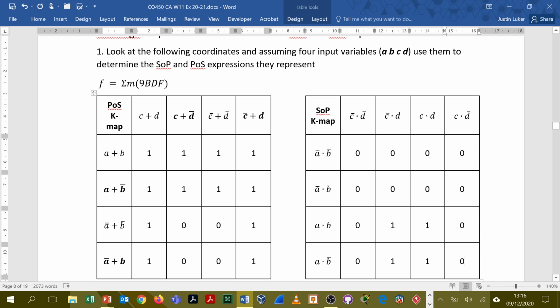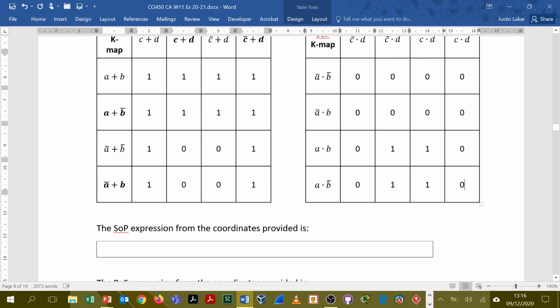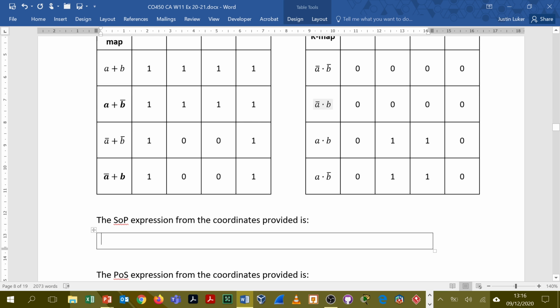Just like that. Okay, so now we can turn that back into our expression.